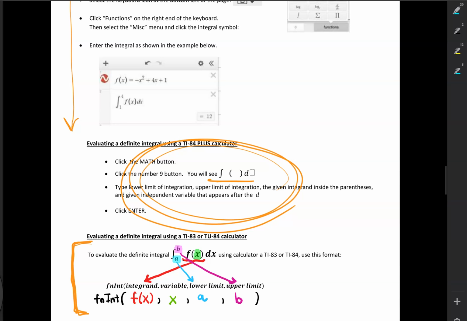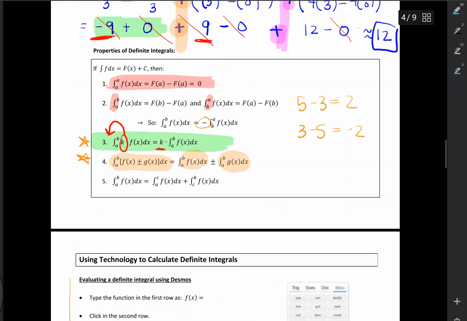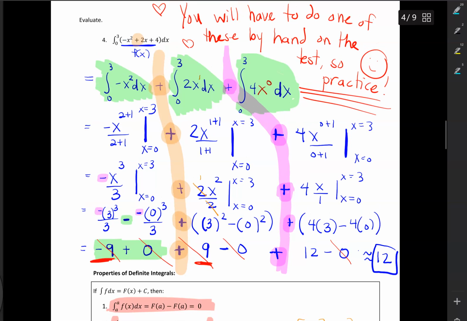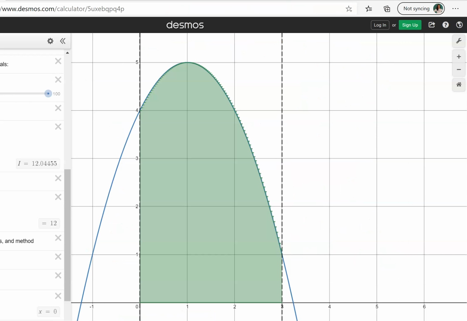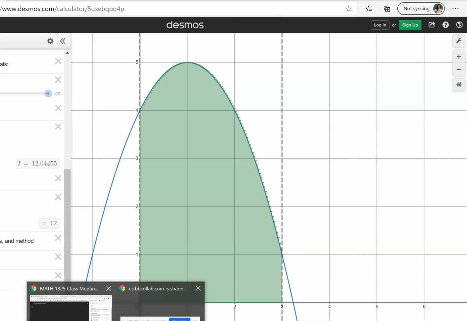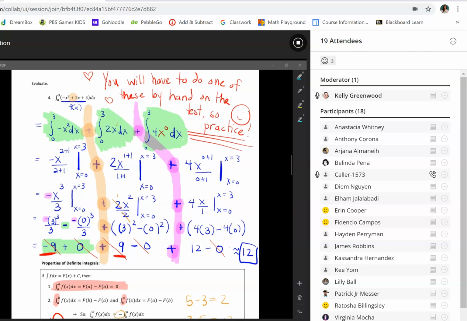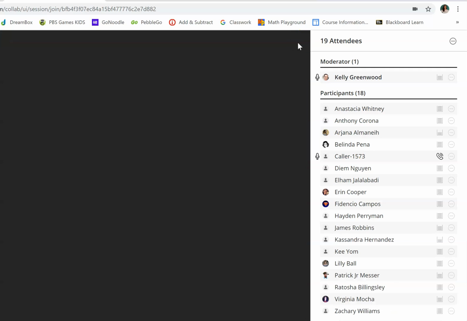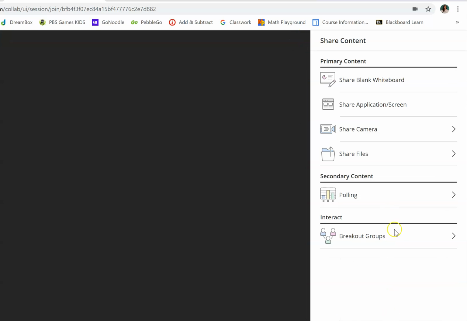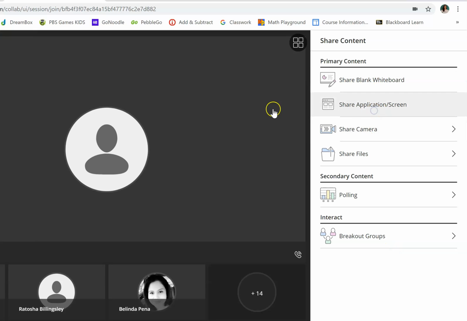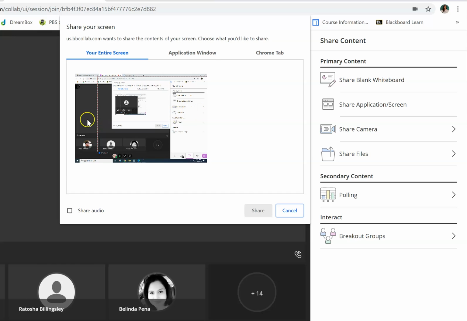So let's just go to Desmos, and we're going to get this answer, 12, using Desmos. Let me write down what this function was. It was negative x squared plus 2x plus 4. Okay, so let me go to Desmos. Oh, I need to share that with y'all. Hold on. Here it goes.